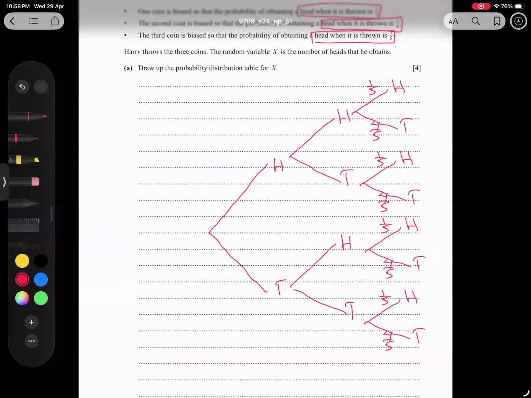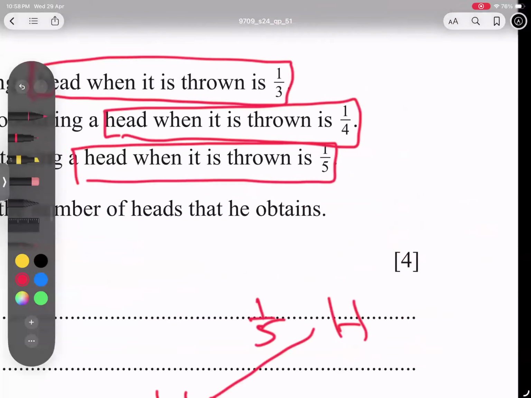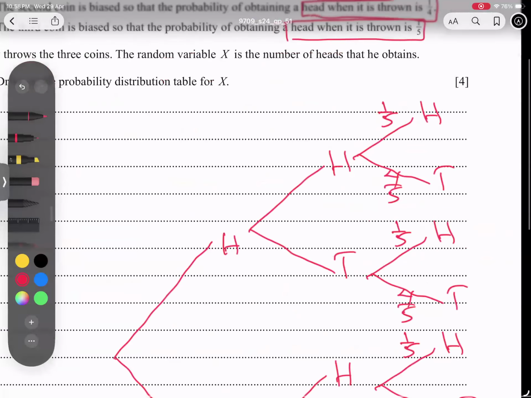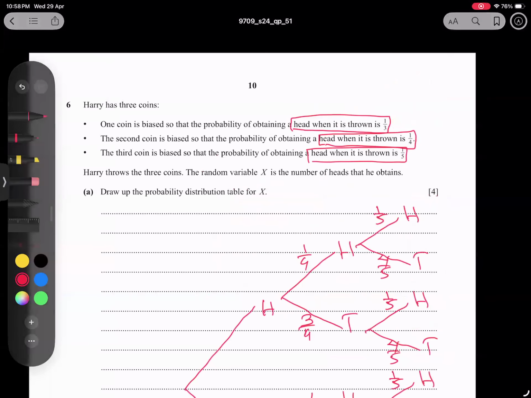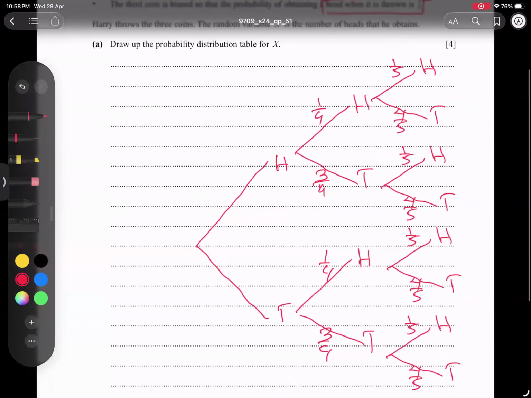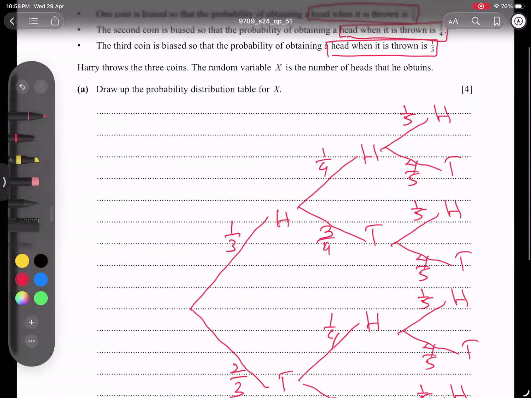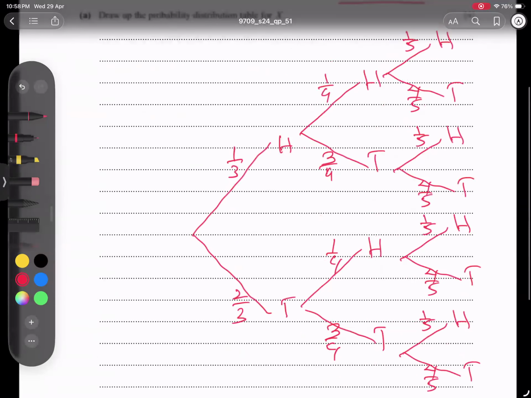And the middle one, what we have, students, 1 by 4 head. So 1 by 4, 1 by 4, 3 by 4, and 3 by 4. The top one is 1 by 3. Now, students, he's talking about the number of heads obtained. So we have many options.